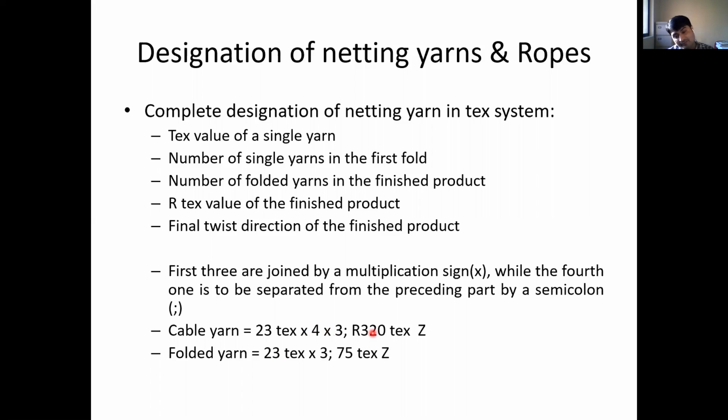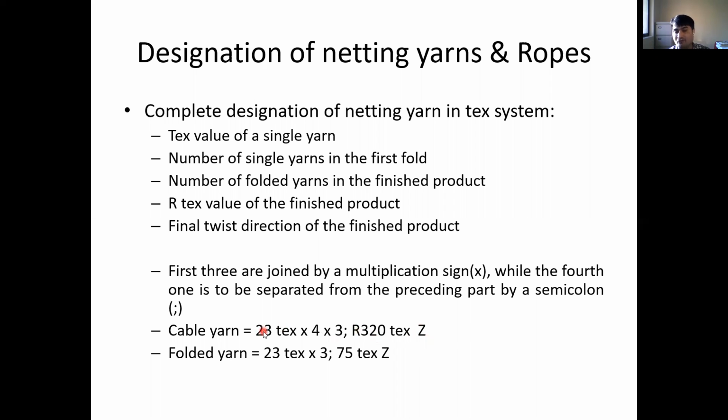But here we are giving a resultant tex. That means actually it has to come 276 tex, but ultimately it is coming how much? 320 tex. That means 10 to 15% we are putting more in the resultant tex, and then we are giving the final twist direction, Z direction.